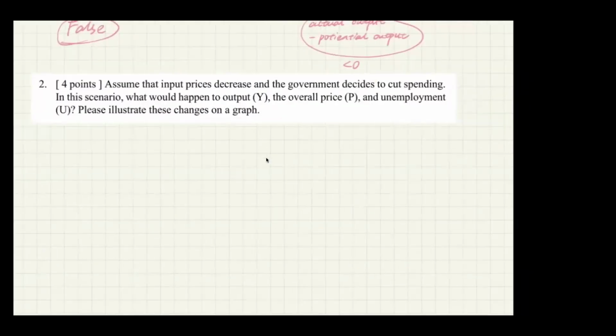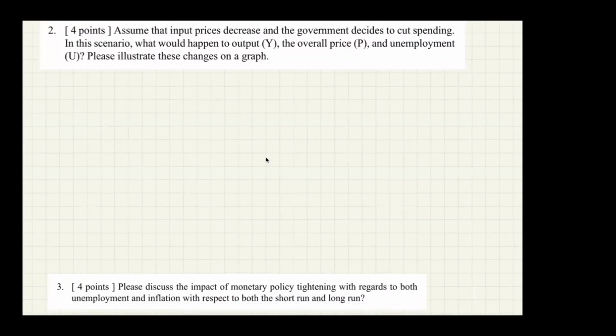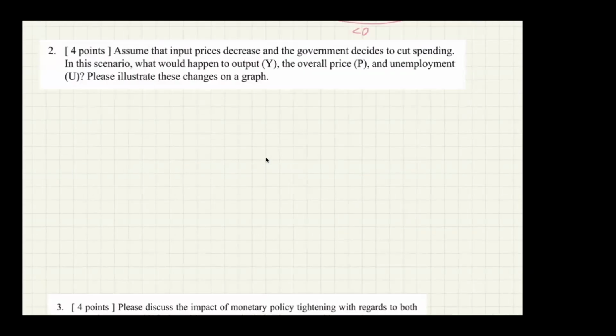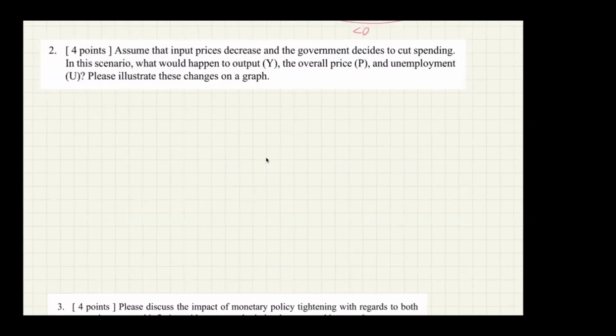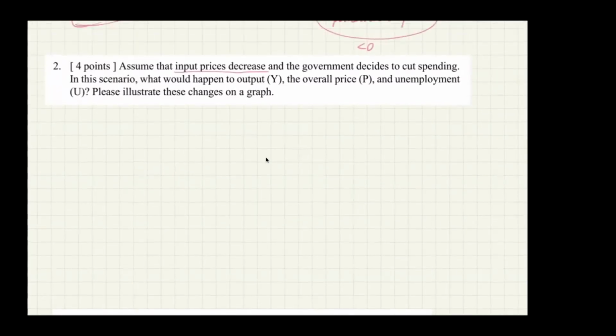Let's look at question two. Assume that the input price decreases. Let's think about it without reading the remaining part. If the input price decreases, which means the cost of production is decreasing, right?